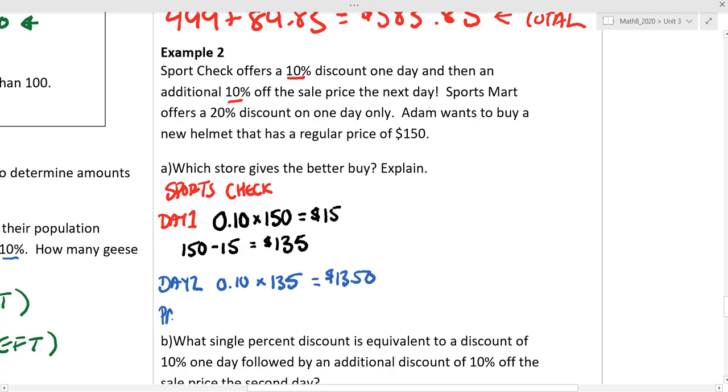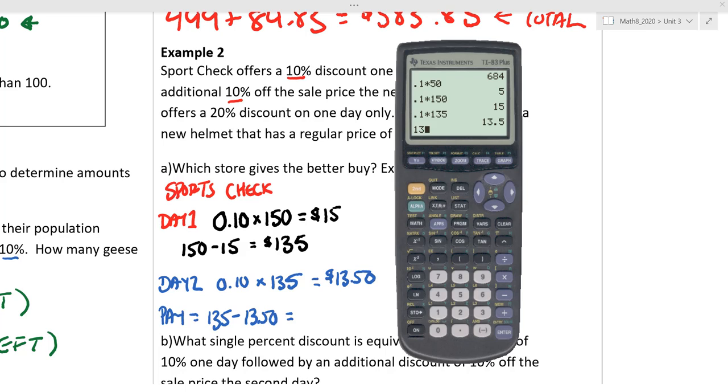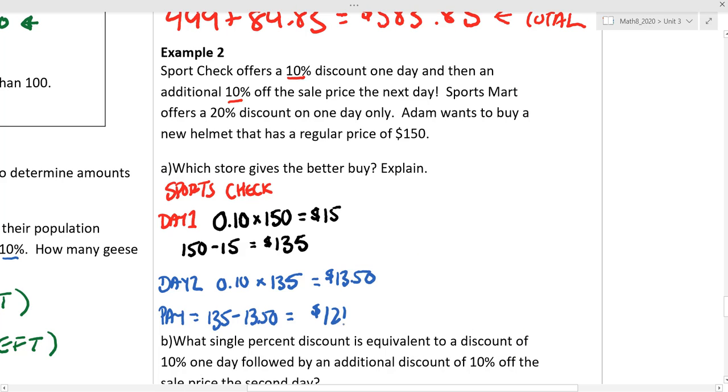Well, you pay your $135, which was the price of the helmet, minus $13.50. Go 135 minus $13.50 equals $121.50.